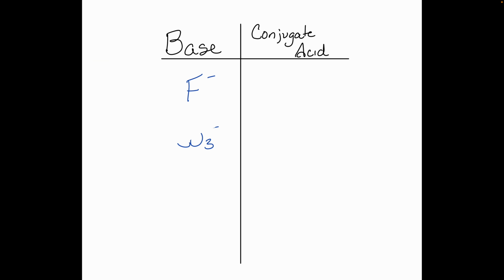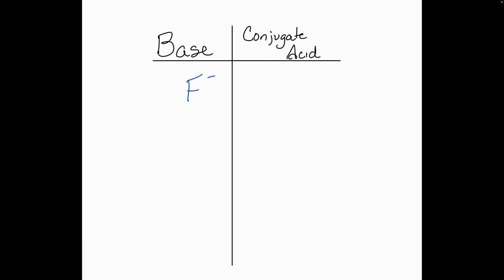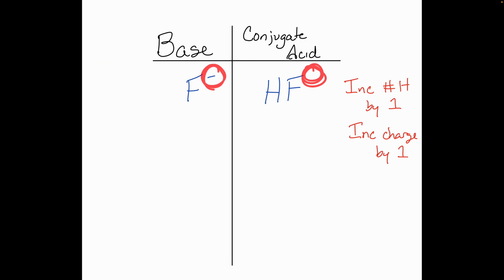Well, let's do one together first. If we're going to do the formula for our conjugate acid, we need to do the exact opposite of what we did before. Now we're going to increase our number of hydrogens by 1, and we're going to increase the charge by 1. So when fluoride accepts a proton, it becomes HF, and that charge will increase from -1 to 0.